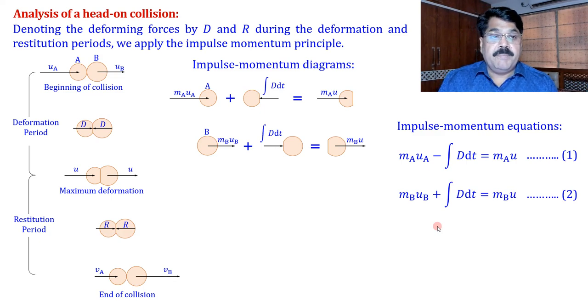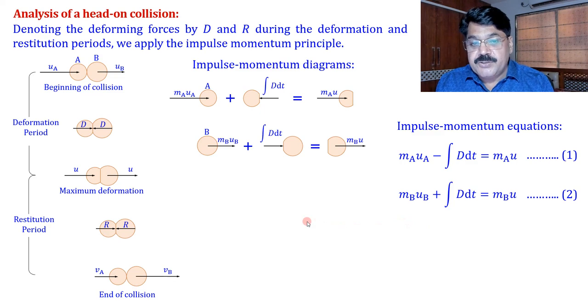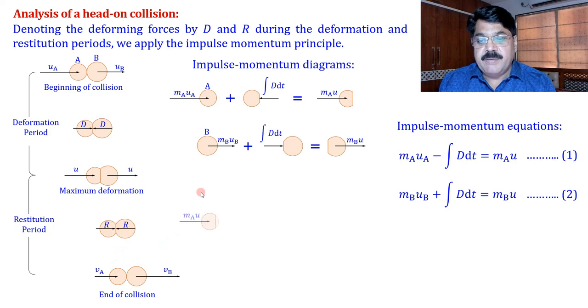Similarly, we draw the impulse momentum diagram of both the bodies one by one for the restitution period and write the impulse momentum equation. Say for body A during the restitution period, MAU is the initial momentum, the impulse of this force is the impulse, and MAVA is the final momentum. So what is the impulse momentum diagram? MAU, the impulse of the deforming force R dt towards left, and the final momentum is MAVA this way.